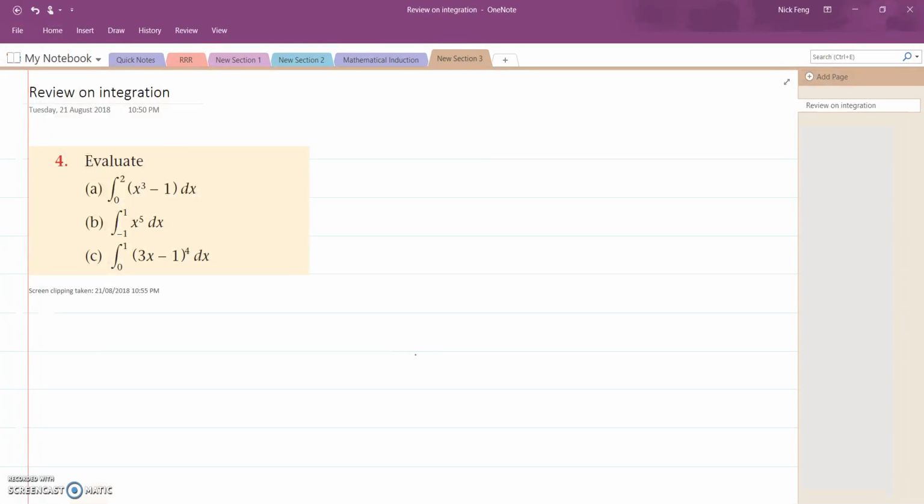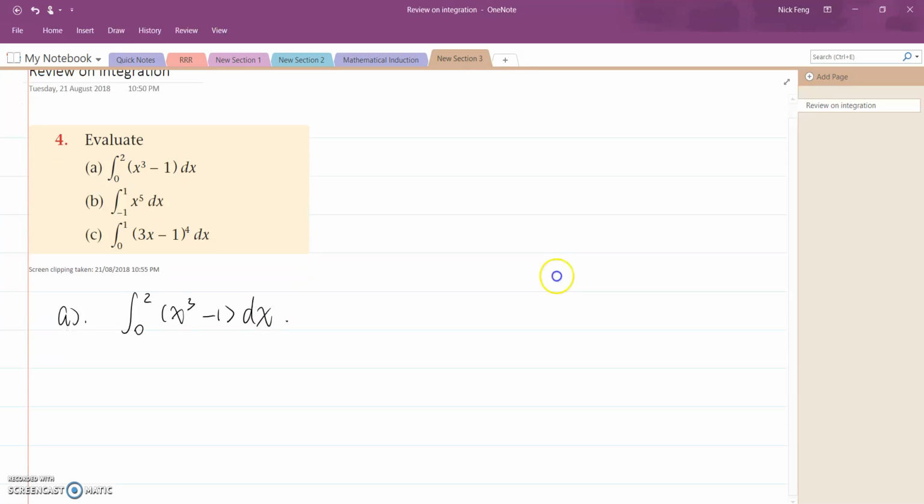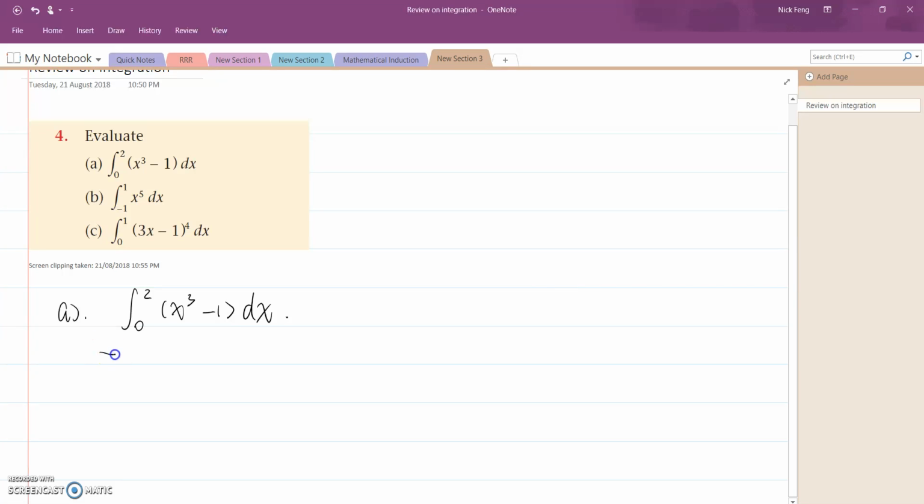Okay, so first one, they are all definite integrals, so that means you need to substitute values in. For part A, it's pretty straightforward. Integrating from 0 to 2, x cubed minus 1 dx. Now this is a linear function, therefore you can integrate it separately, which means it's x to the 4 on 4 minus x.